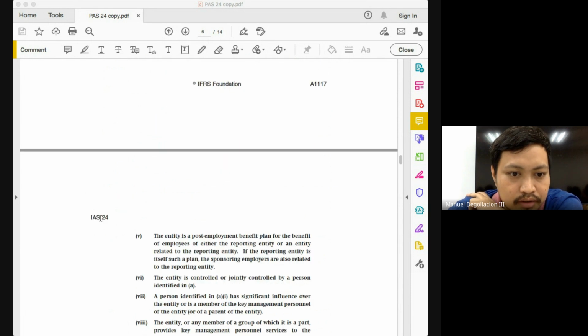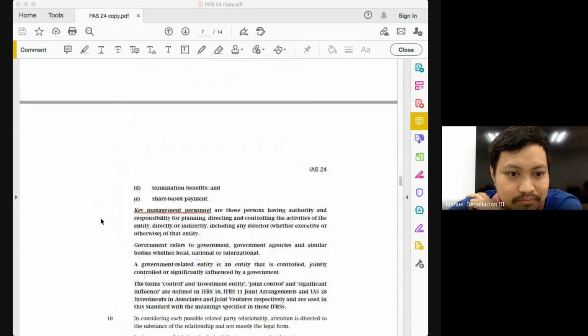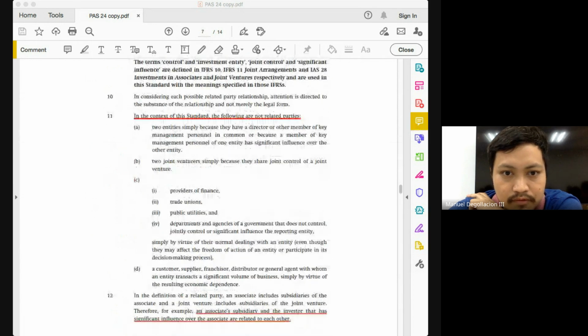Okay. If you look at paragraph 11 also, in the context of the standard, the following are not related parties. You should give these paragraphs special attention, class, paragraph 9 and paragraph 11.